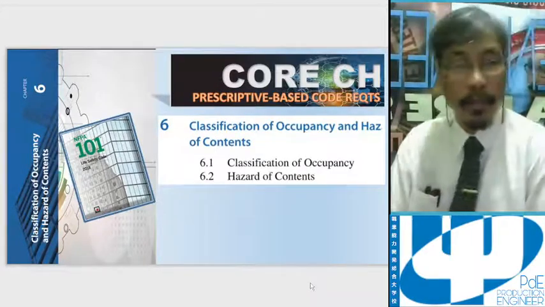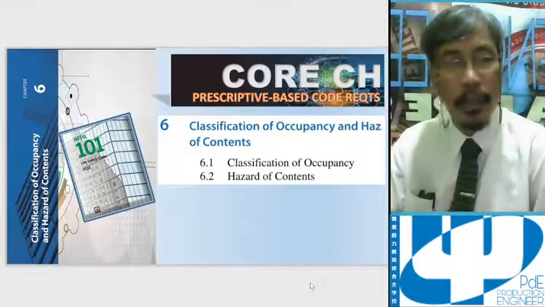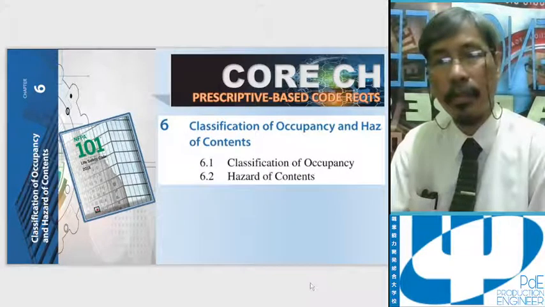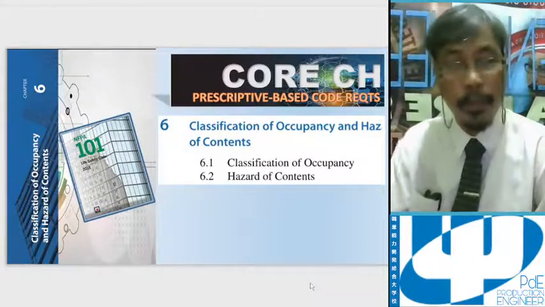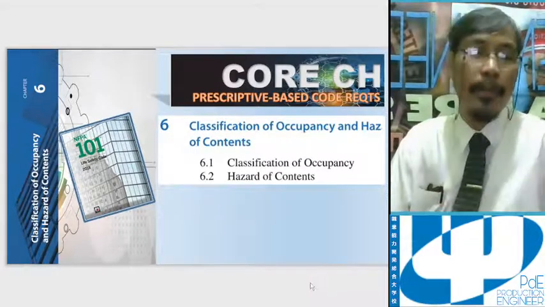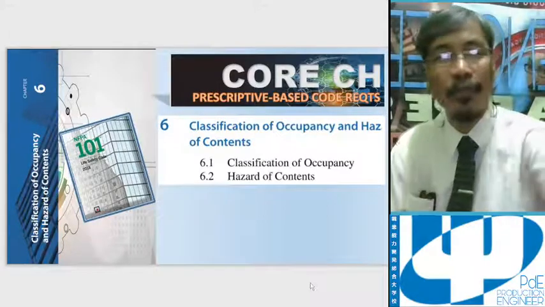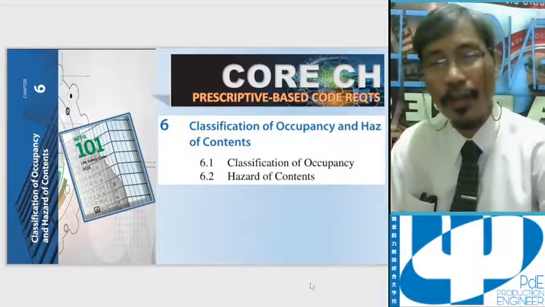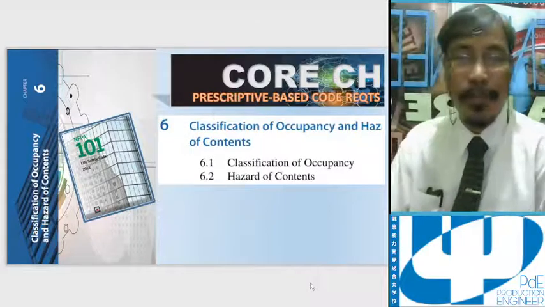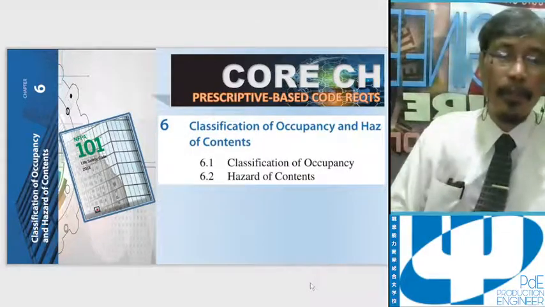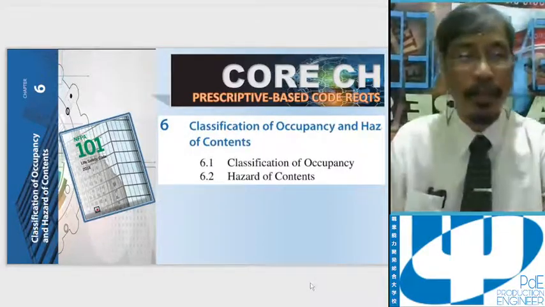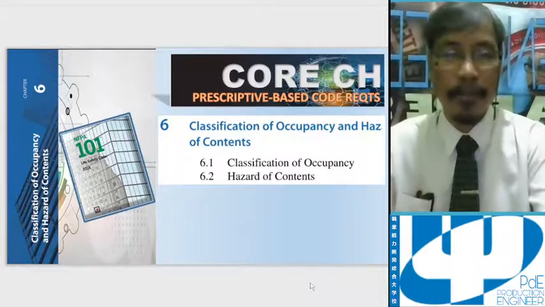But there are only 2 sections. Also, a very useful chapter because usually we have to look back on the definitions written in this chapter. We are usually going back and forth between other chapters and chapter 6.